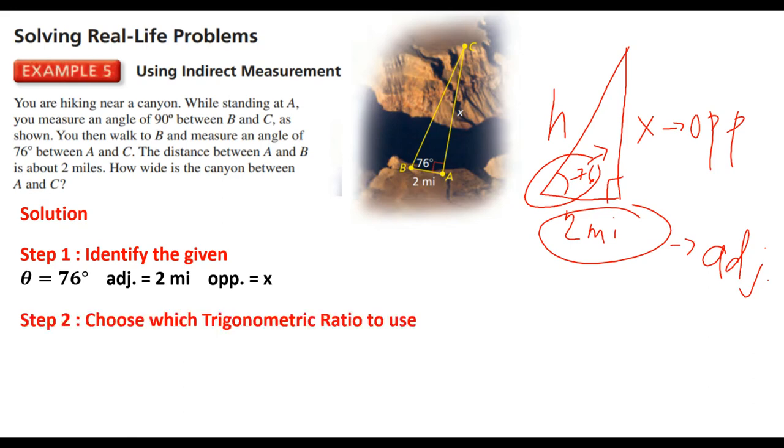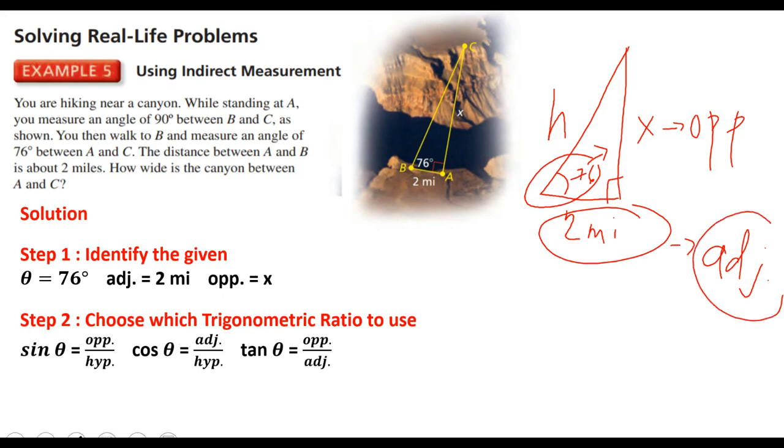Step 2: we need to choose which trigonometric ratio we are going to use. Remember, choosing the trigonometric ratio that we're going to apply to solve a right triangle depends on the givens. The givens are your adjacent, and the problem is your opposite. So we're looking for a ratio of your opposite and your adjacent.